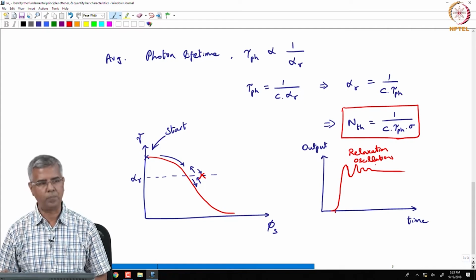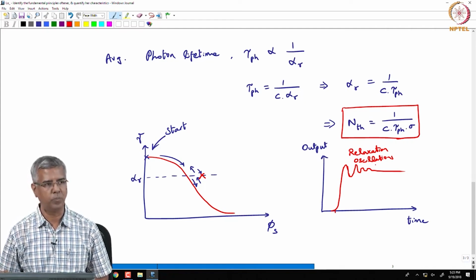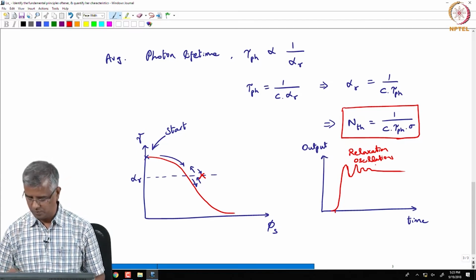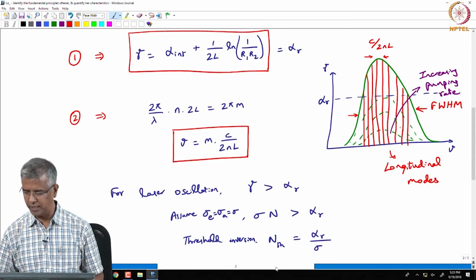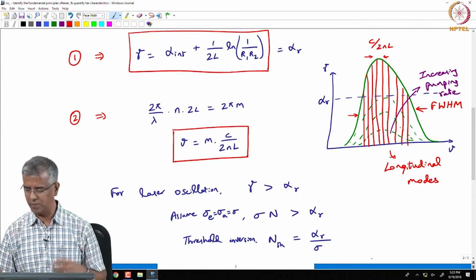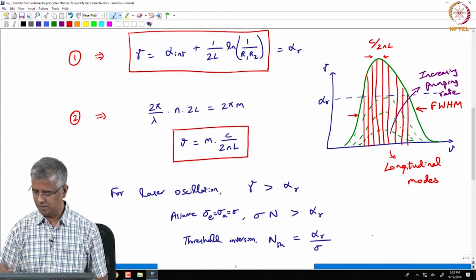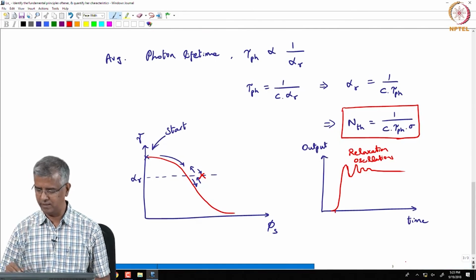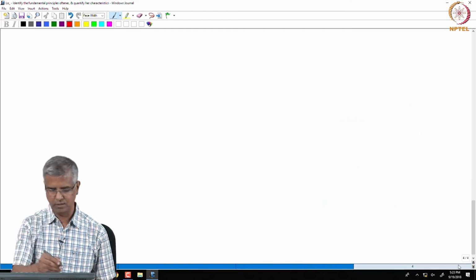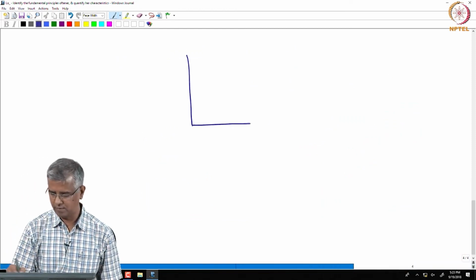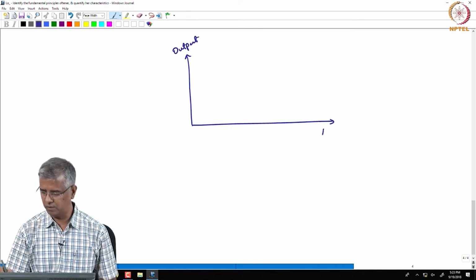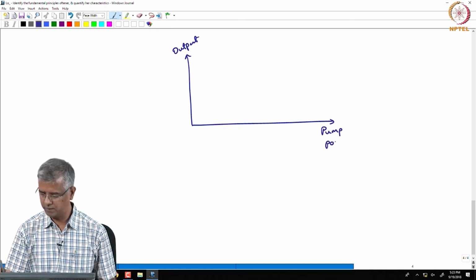So, the question is, can we plot output as a function of pump power? Output as a function of pump power is what we are looking at over here. As you increase the pump power, based on this, I can draw one more picture. Let us just say output as a function of pump power.